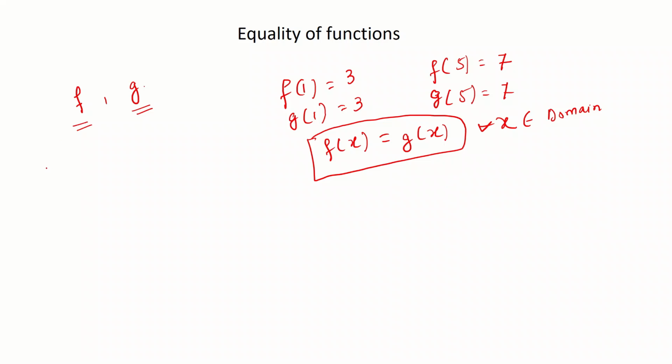So there are three requirements. First requirement for the equality of two functions is that their domains are the same. Second condition is that their codomains should be the same.